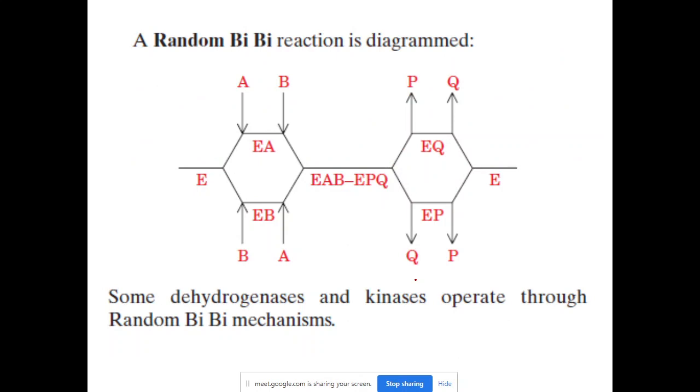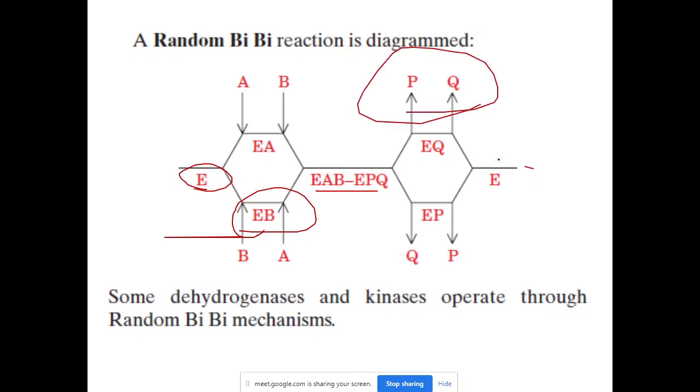The second one is the random bi-bi reaction. If you see the diagram itself, there is no particular order here. So E can combine with A forming EA, and EAB can form from it, and another way of formation could be B and A forming EB, leading to the ternary complexes converting into EPQ, and respectively the products PQ being released and leaving the free enzyme.